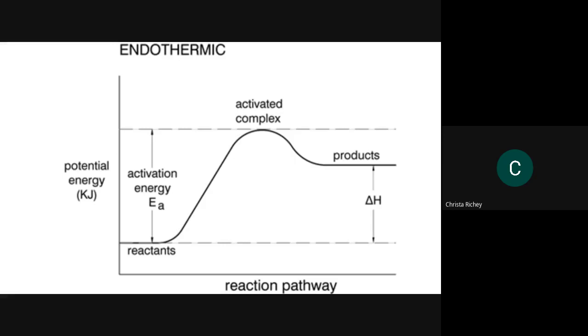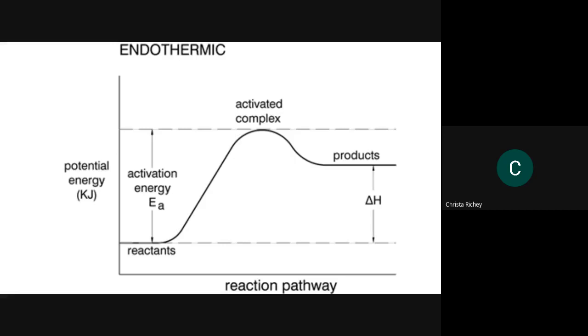The only thing that might be positive or negative would be delta H, the triangle H. We think if it's negative, from where you started to where you ended, it went down, which is why it's negative.